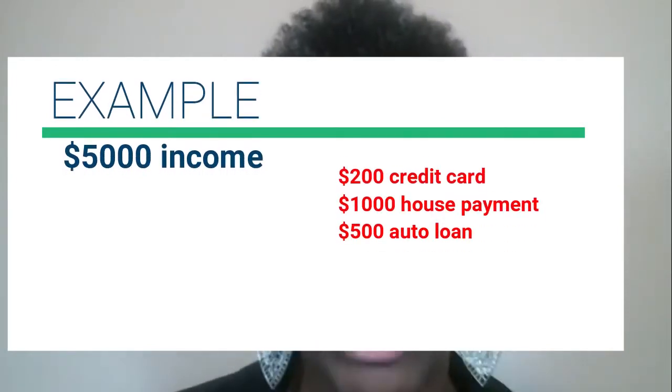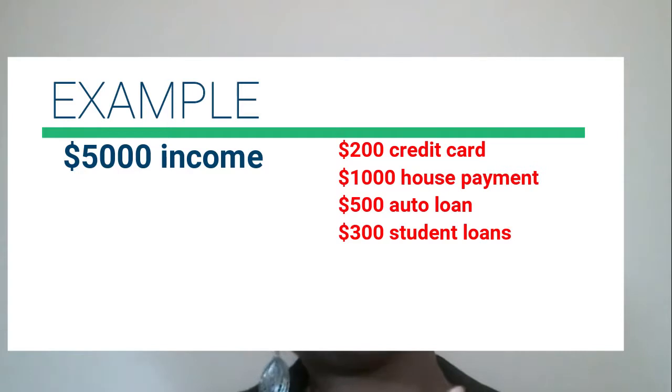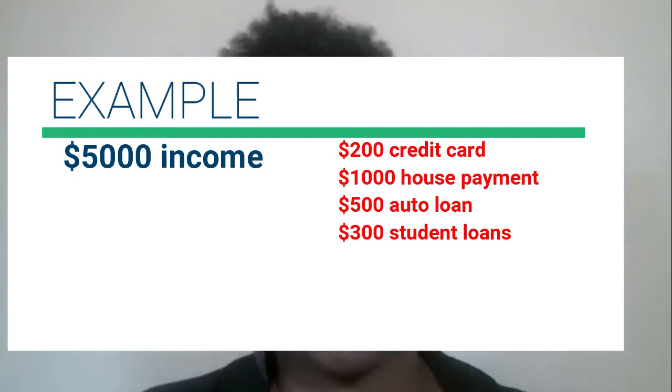Let's say that you get $5,000 in adjusted gross income a month, all right? Now, you also have a $200 credit card bill, and a $1,000 house payment. You have $500 that you're paying for an auto loan because you got to flodge, right? And you have $300 that you're paying a month for your student loans.